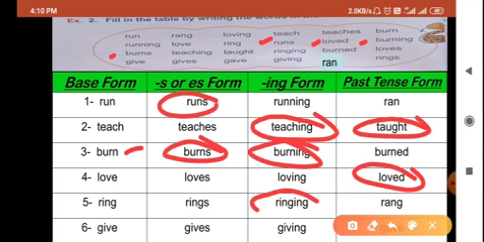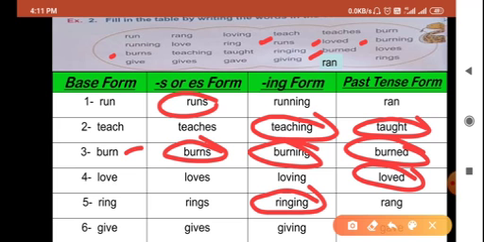When we add ing to ring, it becomes ringing, like the bell of your cell phone is ringing. Now next is burned. The past tense form of burn is burned. With adding ed, burn becomes burned.